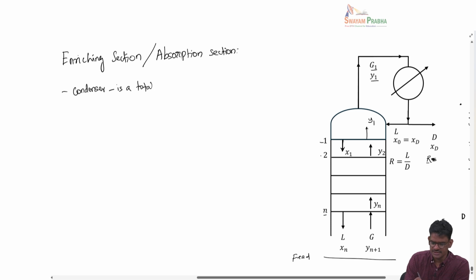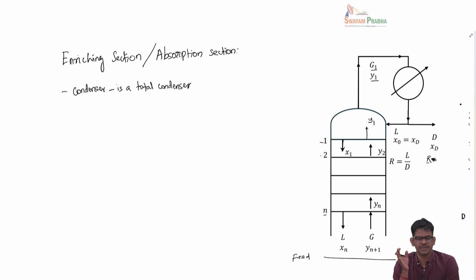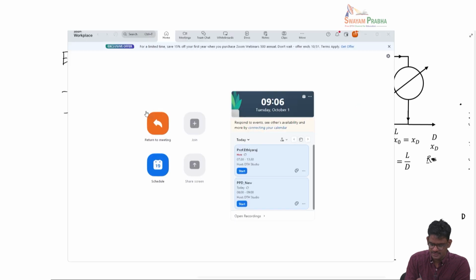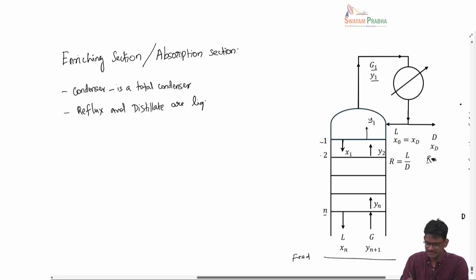What it means is it removes all the latent heat from the vapor and then converts everything into a liquid. Okay, so that's what this total condenser means. So total condenser means that all the vapor is condensed into a liquid. So both reflux and distillate are liquids at bubble point.